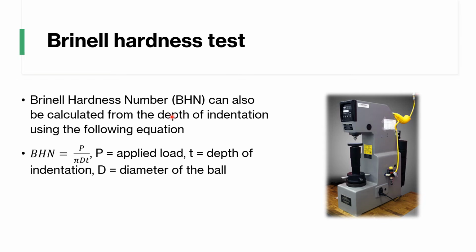So the BHN hardness number can also be calculated from the depth of that indentation, and you can use a different equation. So we have P, your load, and then this little t right there is not time, that is the depth, right, of your indentation, and then the big D is the diameter of the ball.